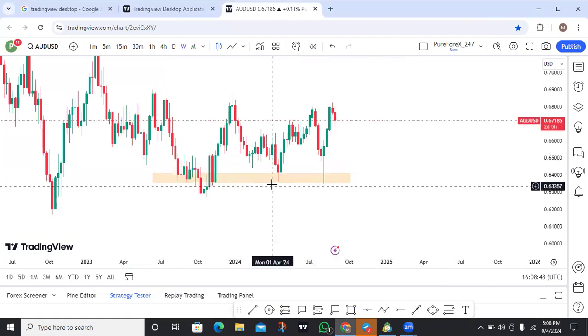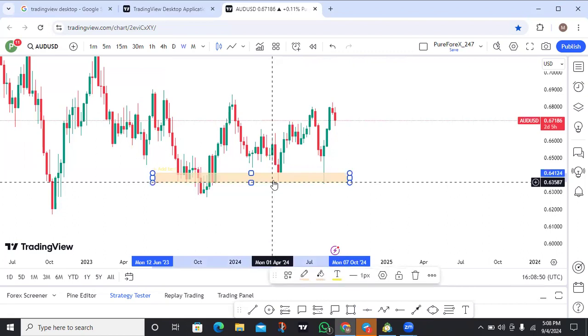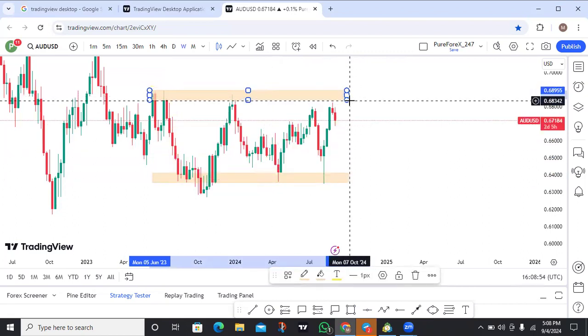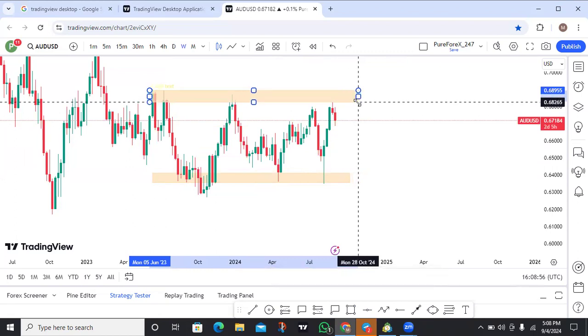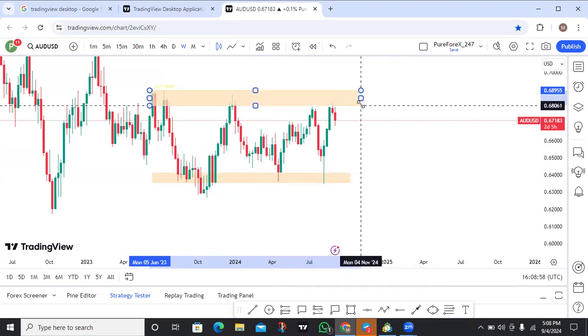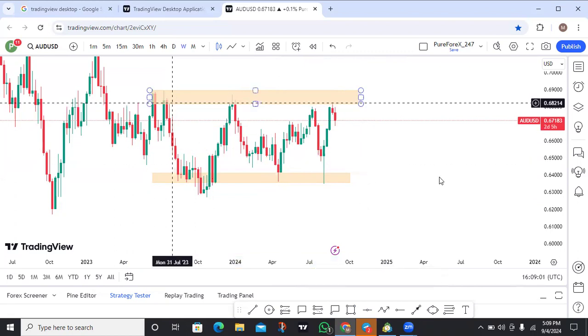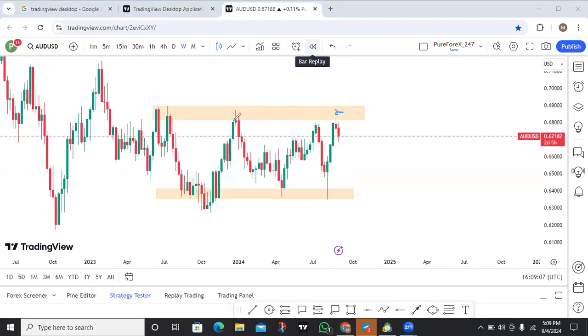We have consolidation also here. So we have this consolidation area here. So let's make this big zone. In this wise, the market has already entered this problematic zone here, right?